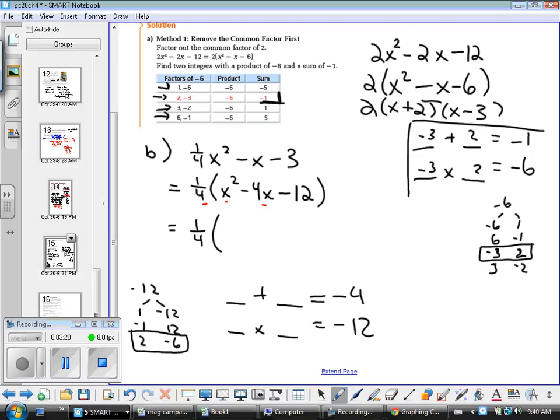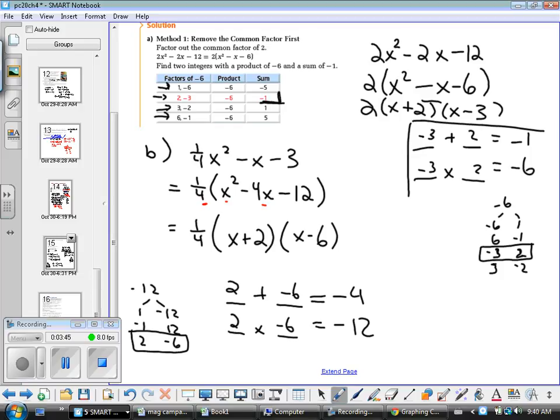I found the one, because as I go through, I'm thinking about what they add up to. And lots of times you're just going to get these. You don't have to do all this showing your work and everything. So it's going to be x plus 2, x minus 6. And so the roots of your quadratic equation are going to be -2 and 6.